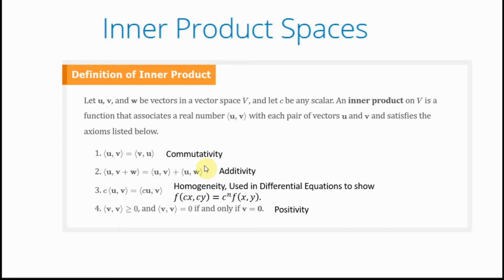Now, the definition of an inner product: let u, v, and w be vectors in a vector space V, and let C be some scalar. An inner product on V is a function that associates a real number. Here, this inner product, previously you probably called it the dot product, with this inner product of u and v, this guy is a number.